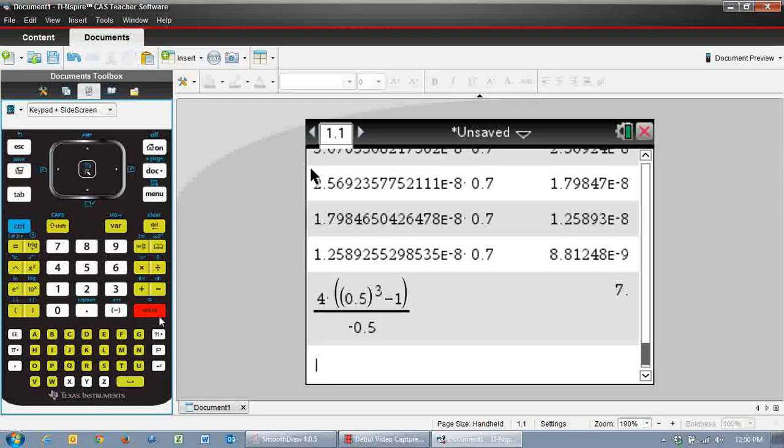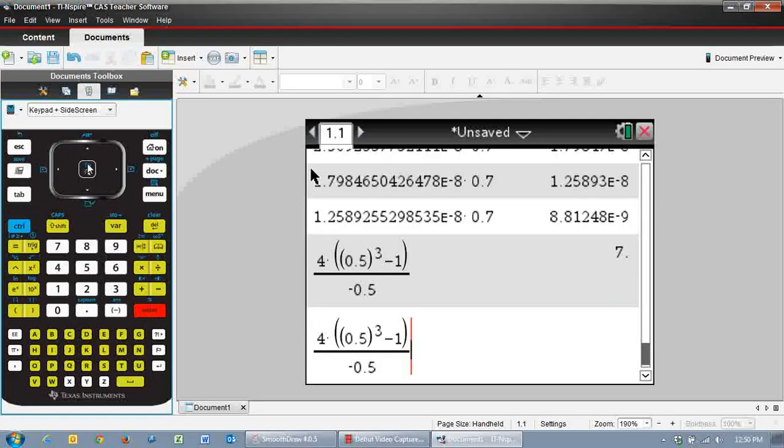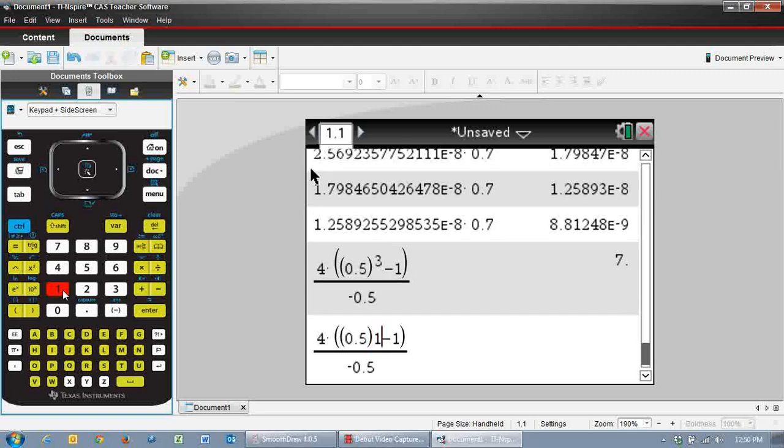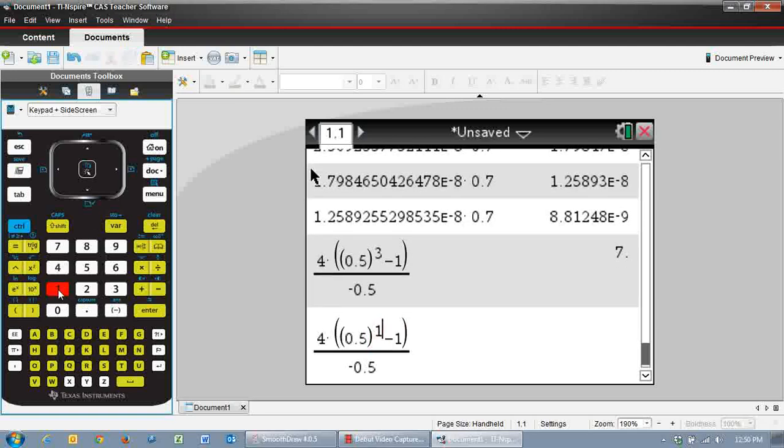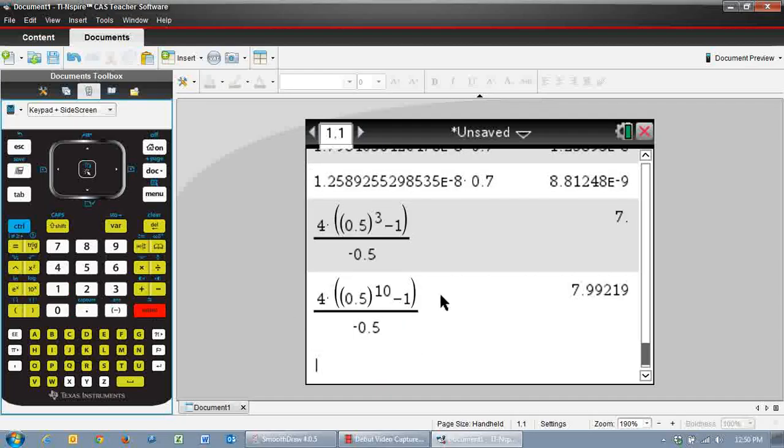Okay. Let's go up, and I'll just change this by pushing up and pressing enter. That brings it into my new line as an exact copy. And I'm just going to change the value of n. Let's change that to 10. The power of 10. Let's see what the sum of the first 10 terms is. It's 7.99219. Okay, so that's after 10 terms.